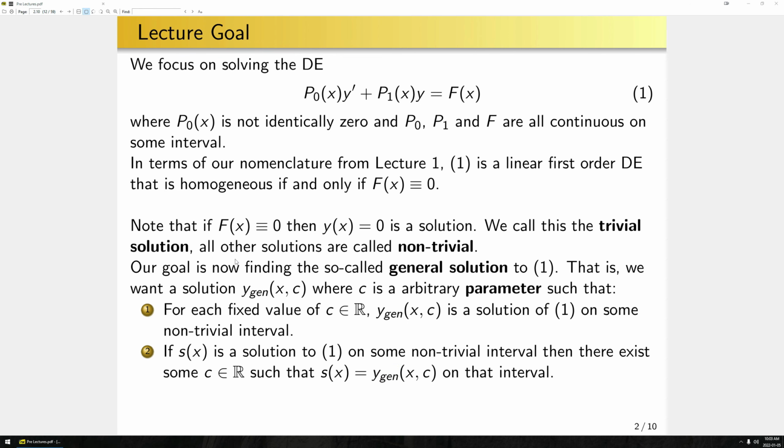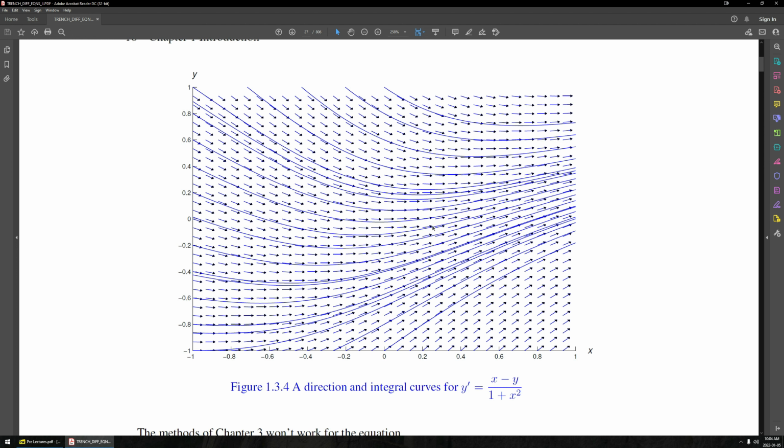Okay, so what is all of this really telling me? Well, let's take a second and go back to look at the idea of a direction field from before. If I just focus on this example, you can notice that for this direction field, I have these integral curves here, and each one of these curves represents a solution to the differential equation, in this case, this differential equation down here.